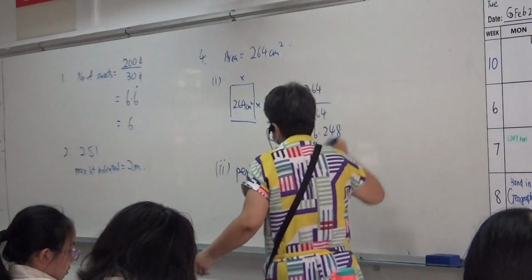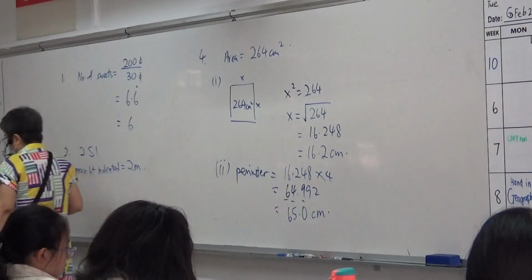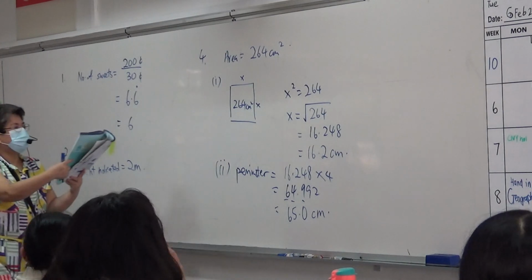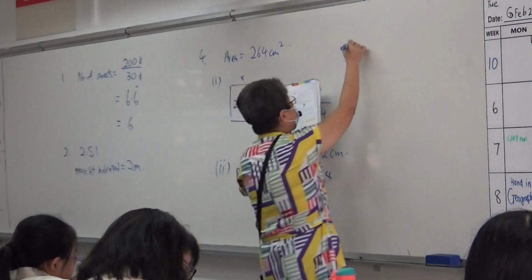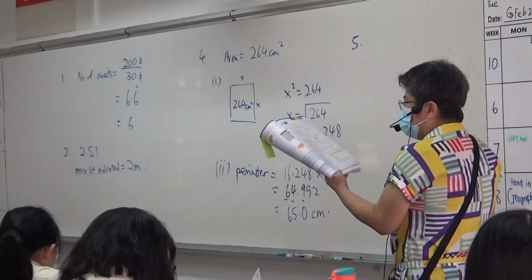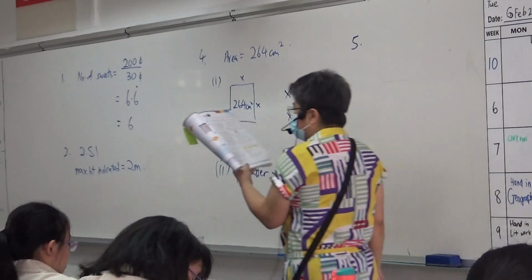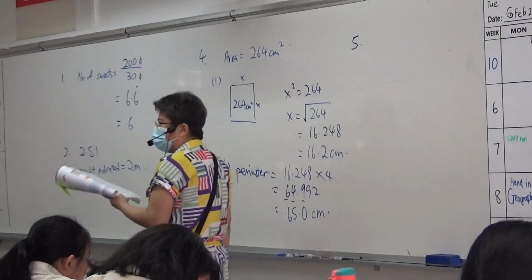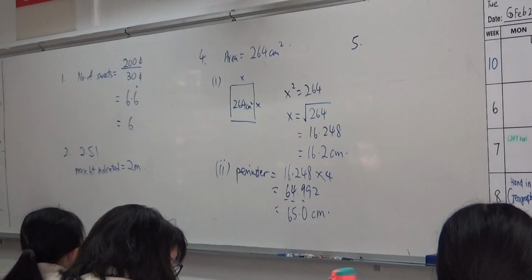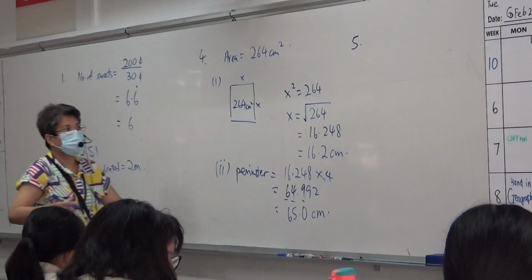Okay. Next question. Question number 5. The circumference of a circle is 136 meters. Now what is circumference? It's the perimeter of the circle, right? Okay.